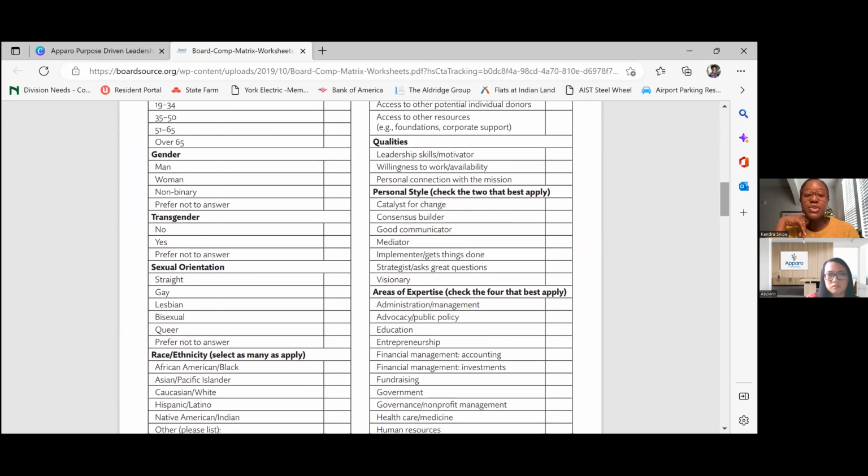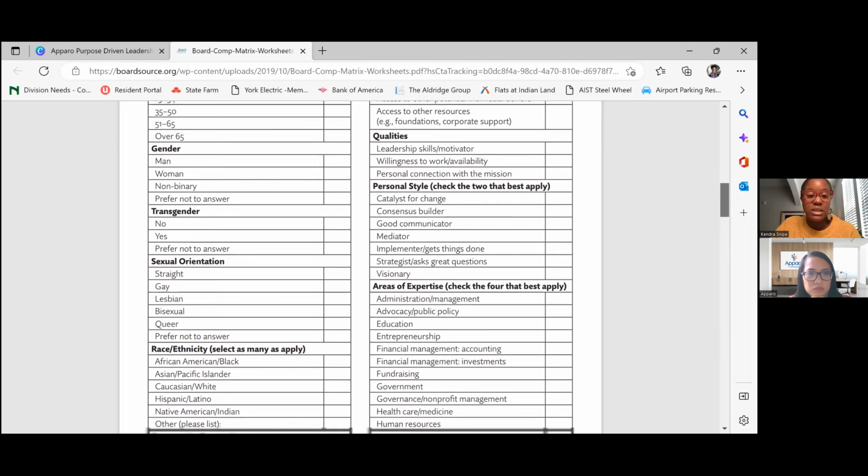But this board matrix gives you a very clear understanding of the type of diversity that exists and the things that we should pay attention to, more than just, oh, how old are they? Are they Black or white? What are their gender preferences? There are more things to understanding diversity.